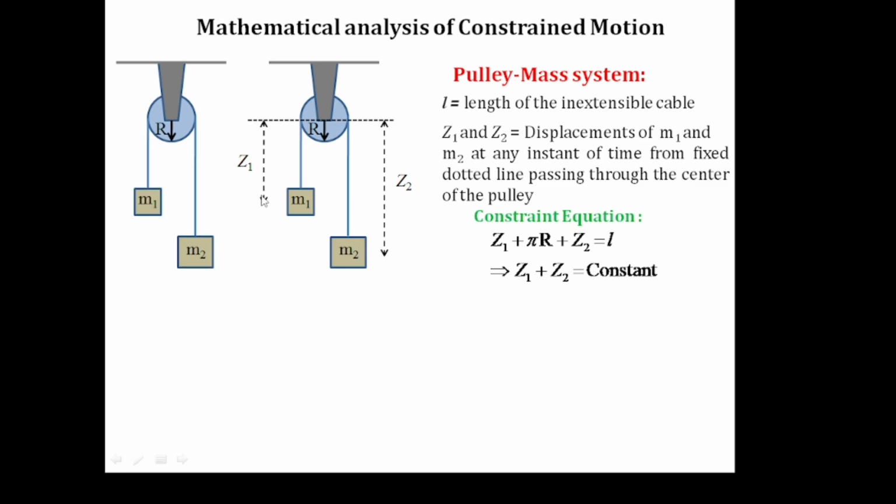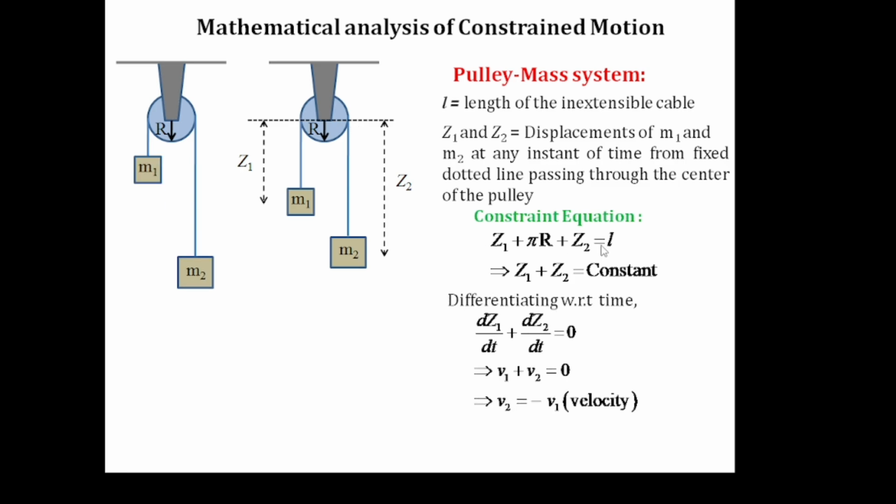So this is Z1 plus this is pi r. So total circumference of the pulley is 2 pi r, where r is the radius of the pulley. So half of the circumference is pi r. So here Z1 plus pi r plus Z2 is equal to the total length. So here Z1 plus Z2 is equal to constant.